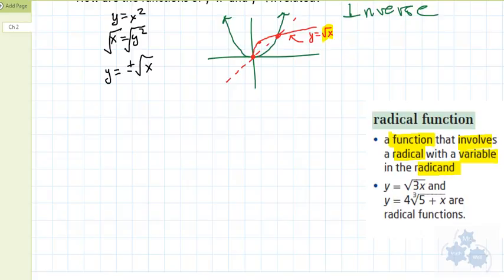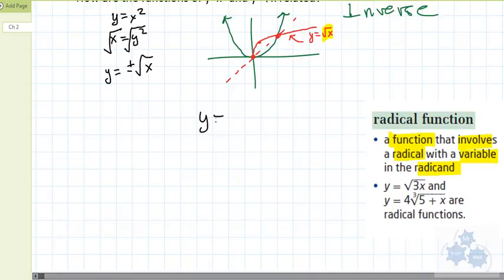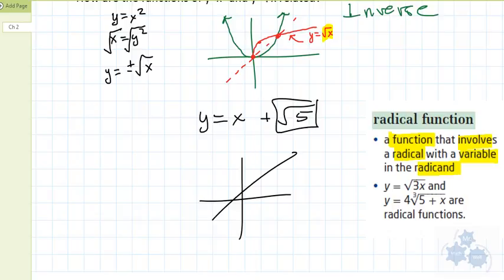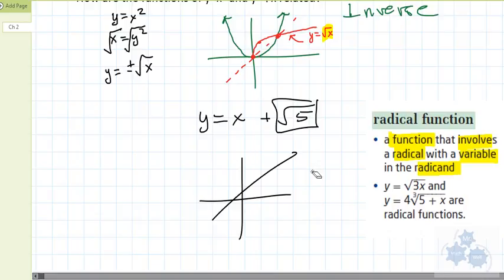If we didn't have the variable there, and we just had y equals x plus square root of 5, this is not a radical function, because this is just a constant. So this would just be some line like this. Not a radical function. Radical functions have this sort of shape, because they're inverses of some sort of parabola. Any questions so far?